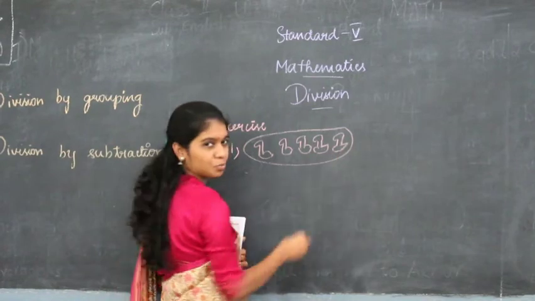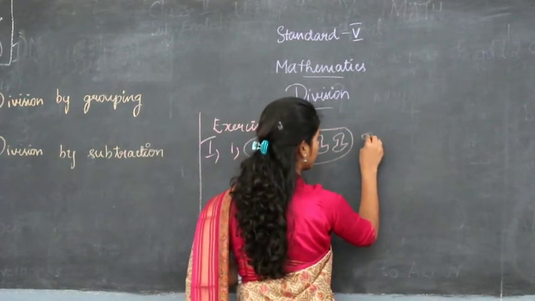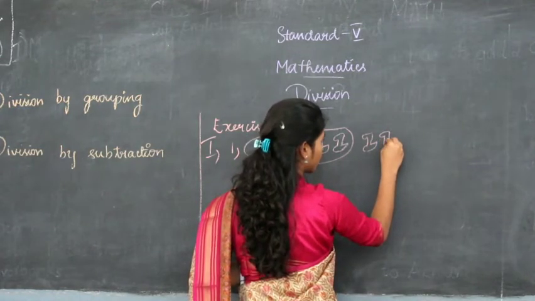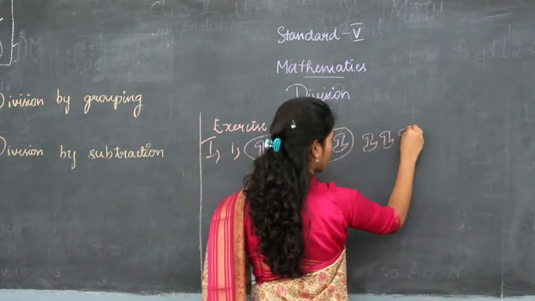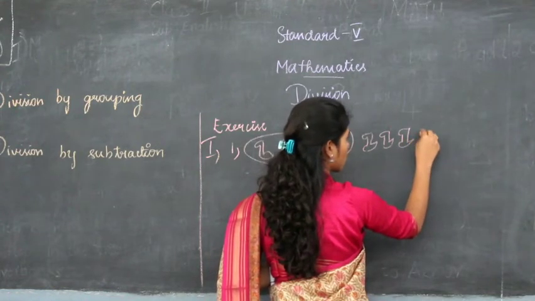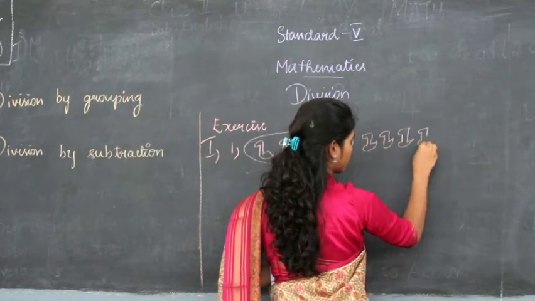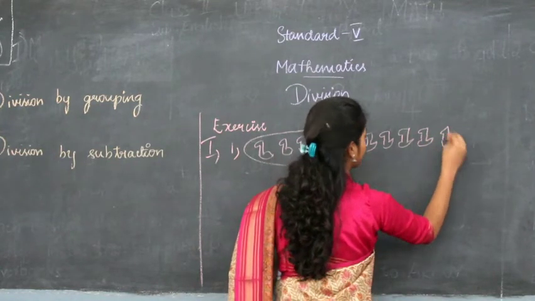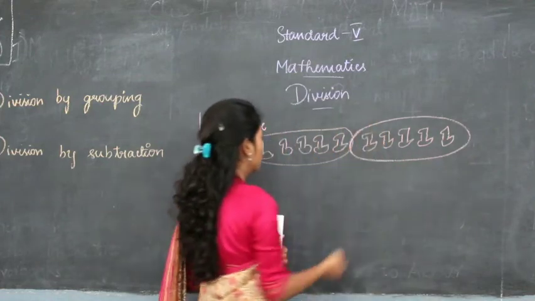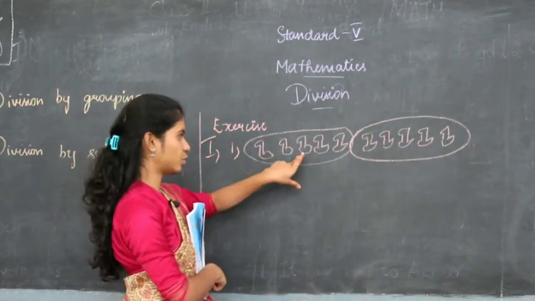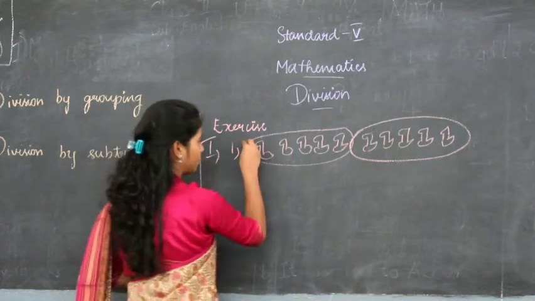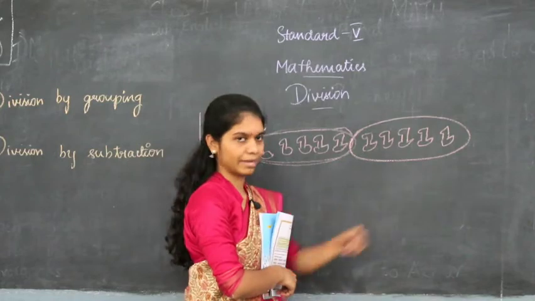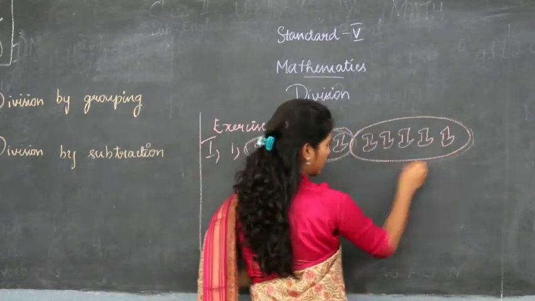So 5 as one group, and then so first you counted 1, 2, 3, 4, 5. You made a group of 5 and circled it. And afterwards 1, 2, 3, 4, 5 in one more group and you circled it.